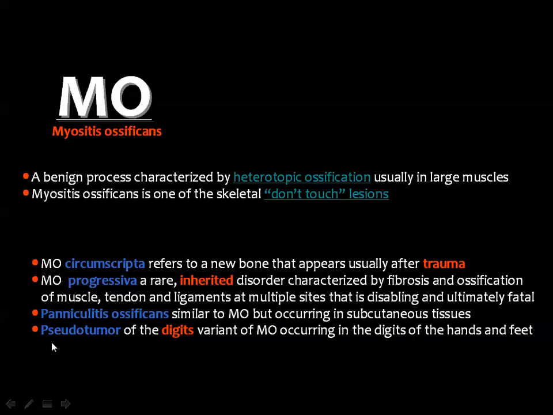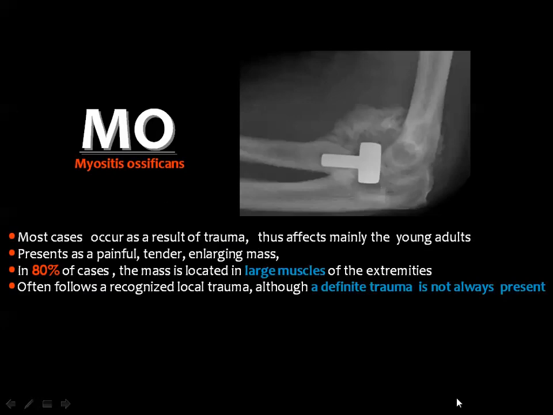There is also another type of myositis ossificans known as panniculitis ossificans occurring in the subcutaneous tissues, and a fourth type, which is a pseudotumor of the digit, which is a variant of myositis ossificans.